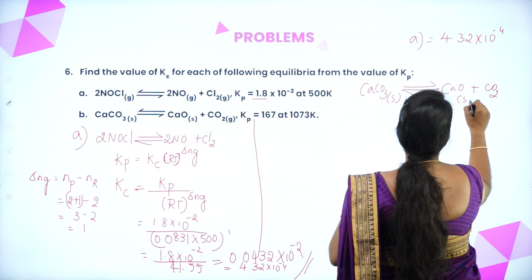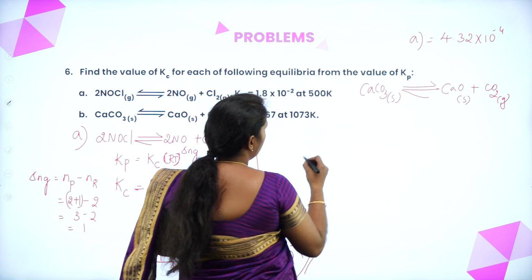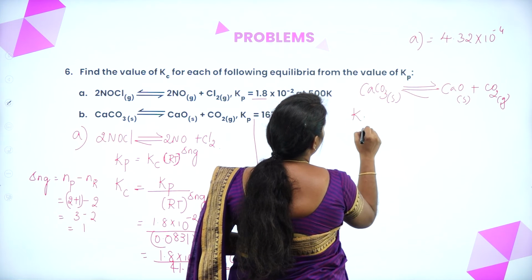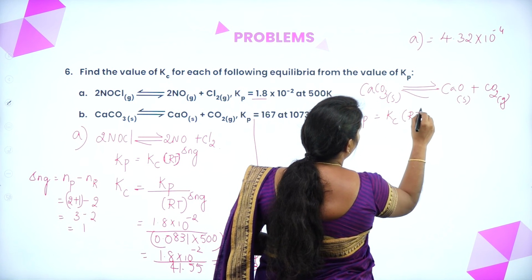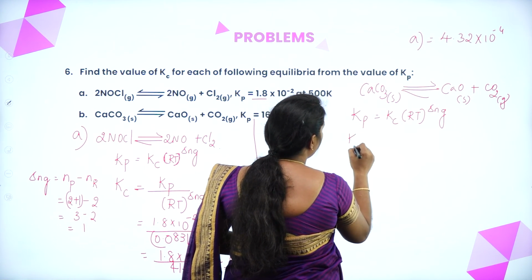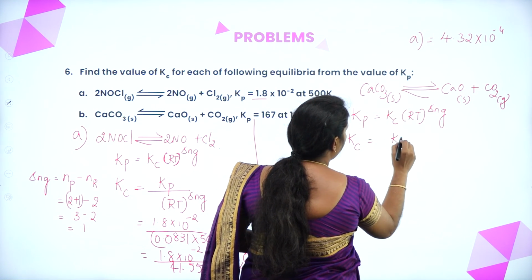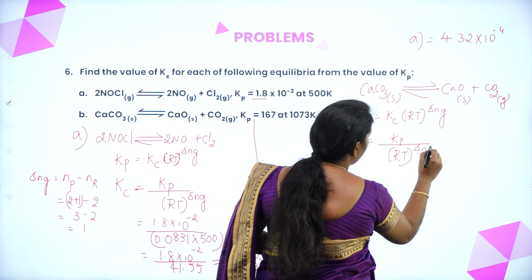One is in the solid state, one is in the gaseous state. So what is the relationship we have? Kp is equal to Kc into RT raised to the power of delta Ng. We need to calculate the Kc here. So Kc is Kp divided by RT raised to the power of delta Ng.